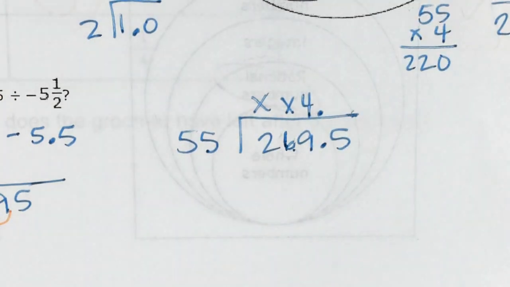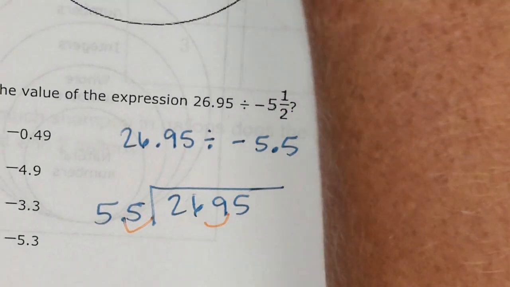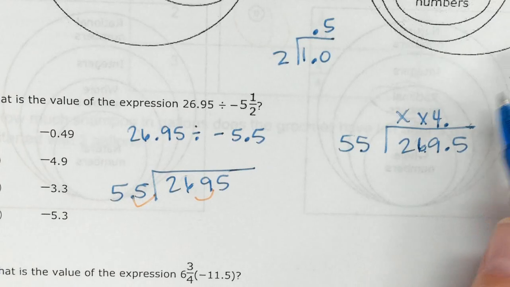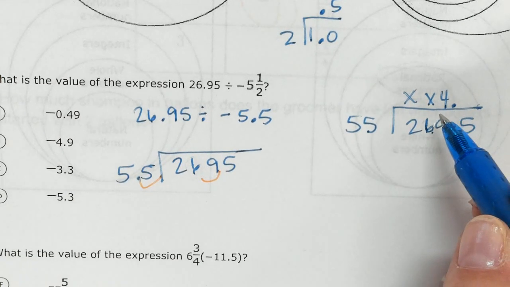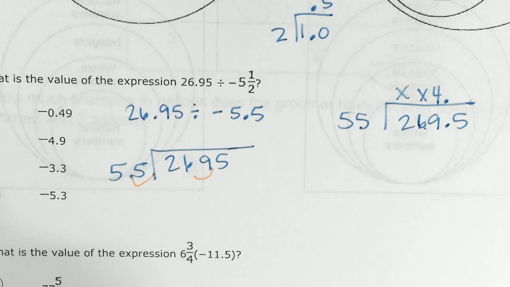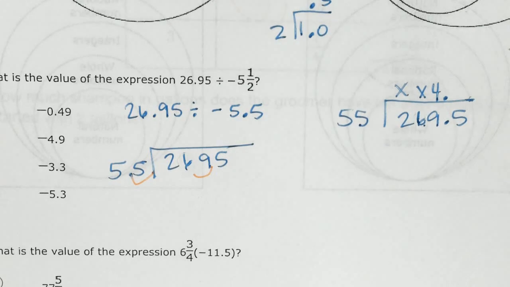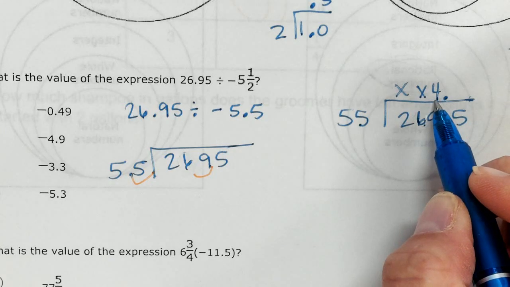Now stop. Look at the answer choices. Can I stop dividing right now? Yes, I can. Who can tell me why? Because the 4 has to be in the ones place.